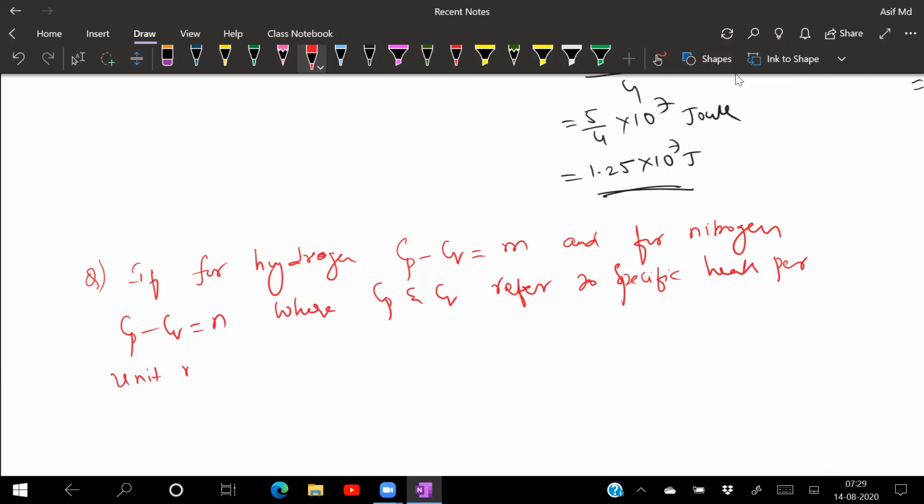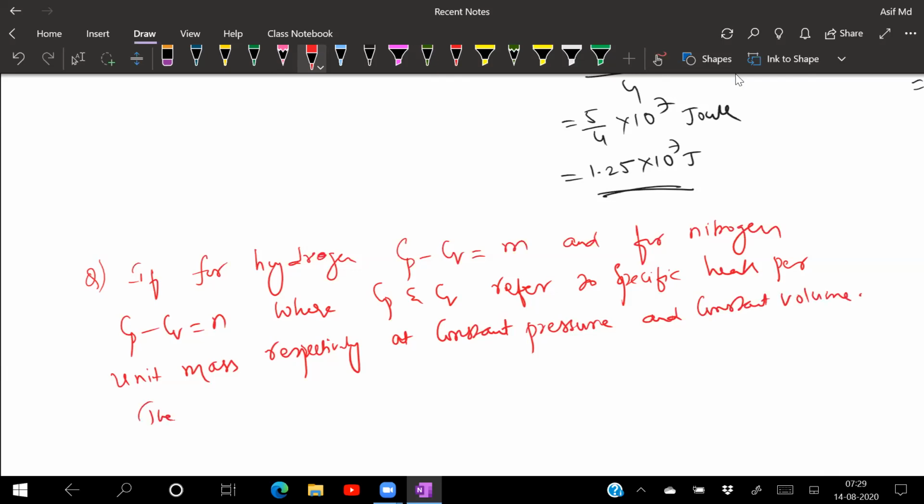At constant pressure and constant volume, the relation between small m and n is equal to how much?